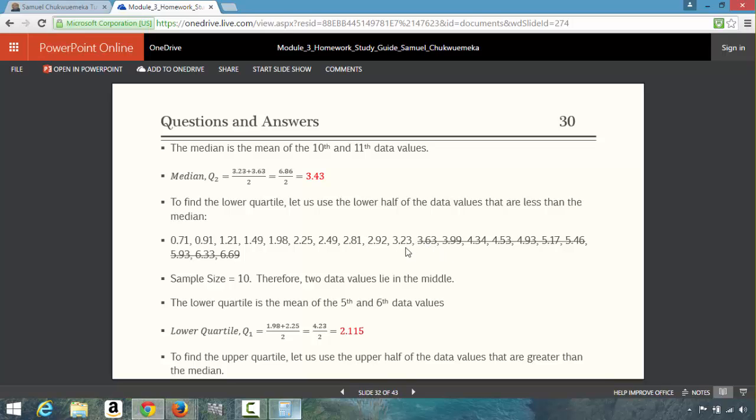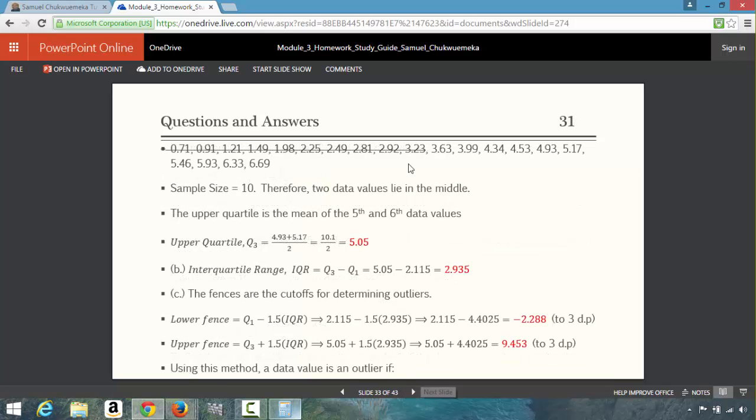You cancel this, and you use 3.63, 3.99 from there. Okay, you use only this. And of course, the same thing here. Take out 4 here, take out 4 here. So you have the 5th and 6th values. When you do that, find the median of this upper half, and that gives you the upper quartile.